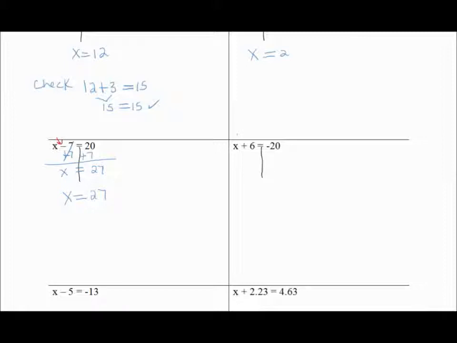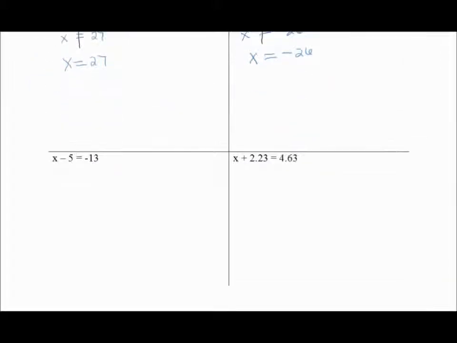I focus on this plus 6, and I know I have to do the opposite, the inverse of plus 6, which is minus 6. I'll do that to both sides of my equal sign. So that gives me x equals negative 26. So that means my final answer is x equals negative 26.